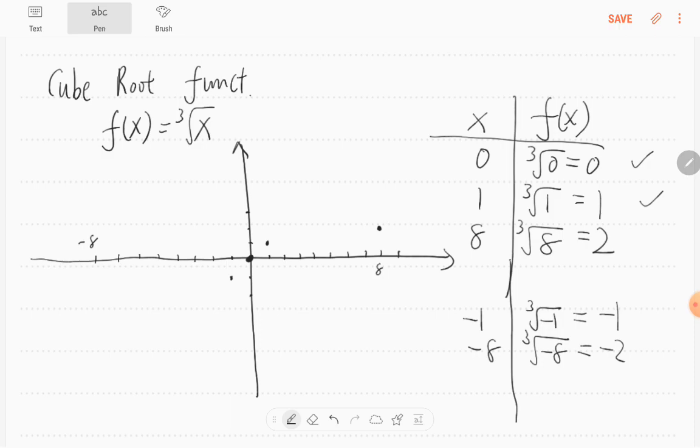Negative 2 is here, so it should be this point. So let's use a smooth curve to connect the points. So this is the cube root function.